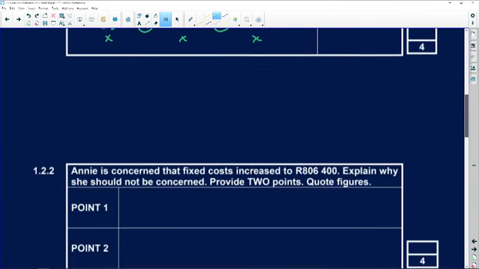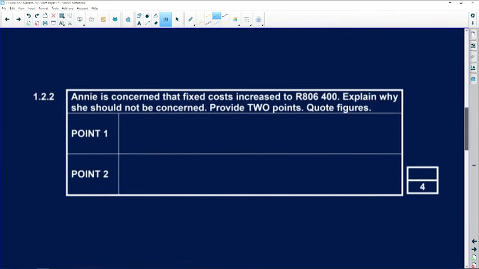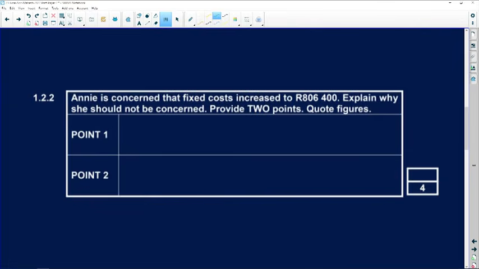Okay guys, so we're done with the calculations. I think now there's a bit of interpretation, so let's move on to the next question. Okay, right, so 1.2.2, Annie is concerned that fixed costs increase to 806,400.